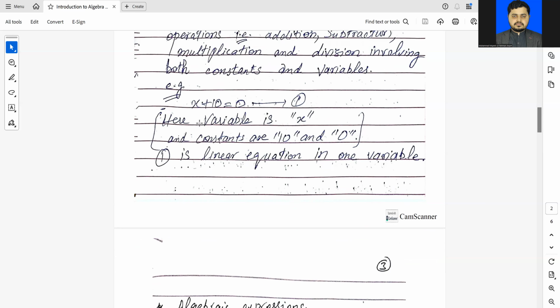Here, clearly we can see that the variable is x and there are two constants. The first is plus 10 and the second one is 0. So this is basically an equation, a linear equation having one variable x.